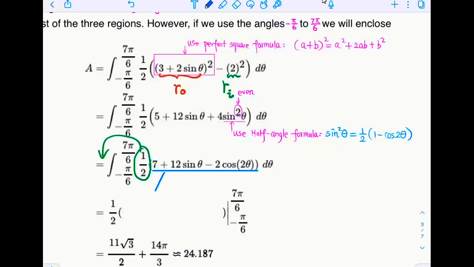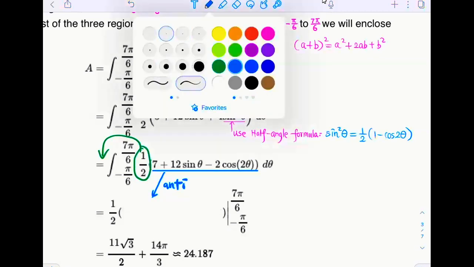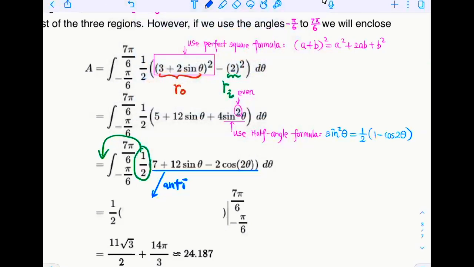So that will be what? 7 theta, okay, good. And then minus, the antiderivative of this is minus 12 what? Cosine theta. Yes, good. And then this will be what? Minus, what's the antiderivative? Minus sine 2 theta, right? So we find the antiderivative, and you got that.